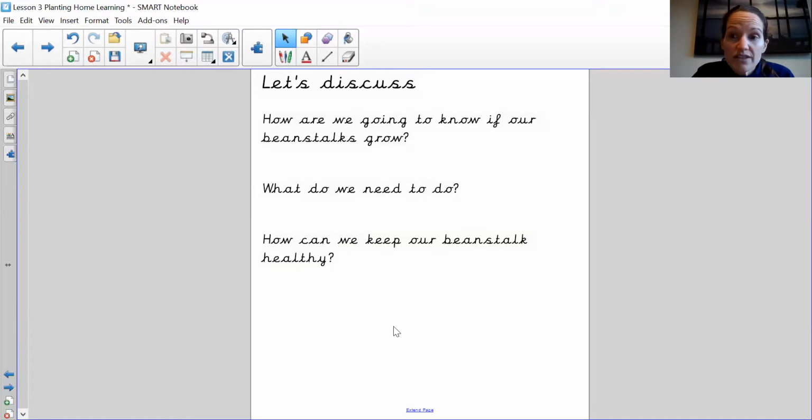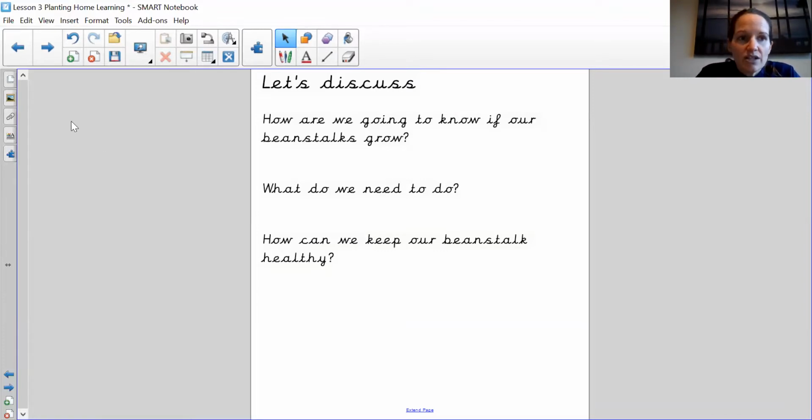Now, I don't want the soil to get too soggy because then it could get a bit moldy. So I'm only going to water my bean plant when the soil gets to be a bit dry. Also, I need to make sure that my bean plant is near the sun. So I might put my plant near the window so that the sun can come through and help it grow.